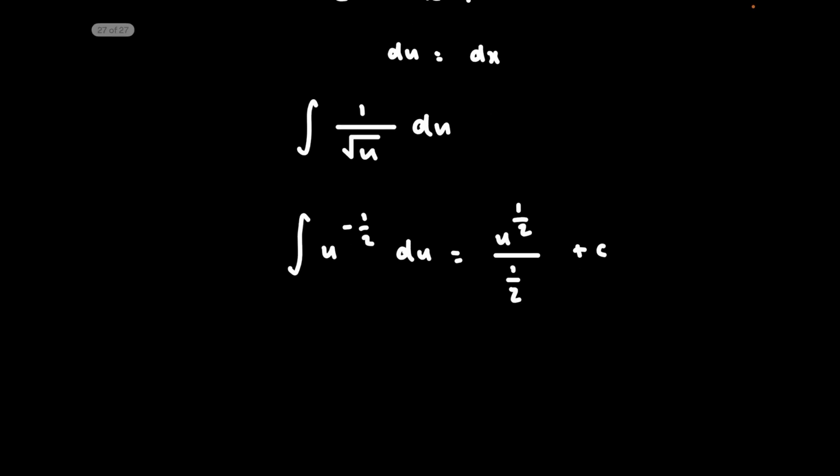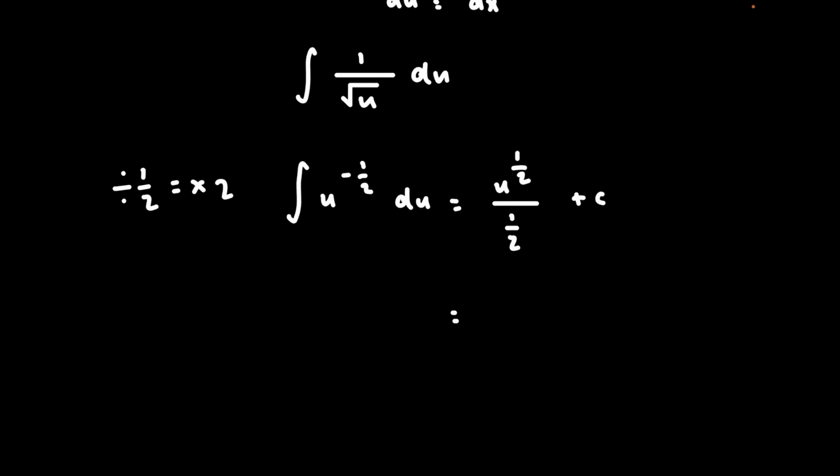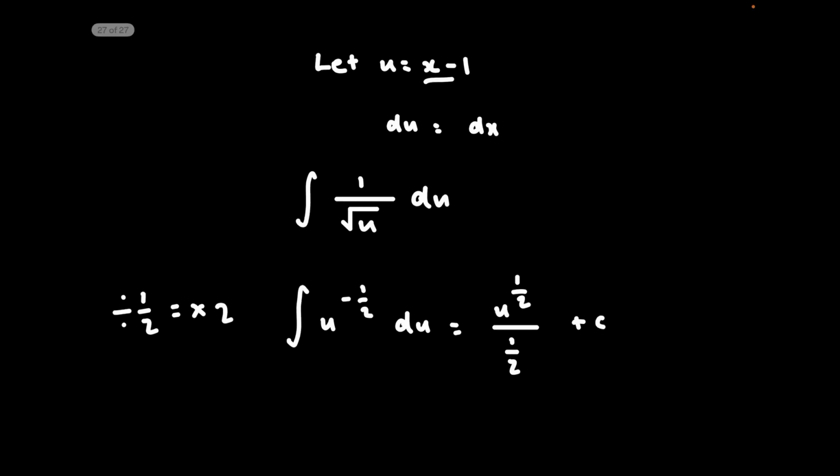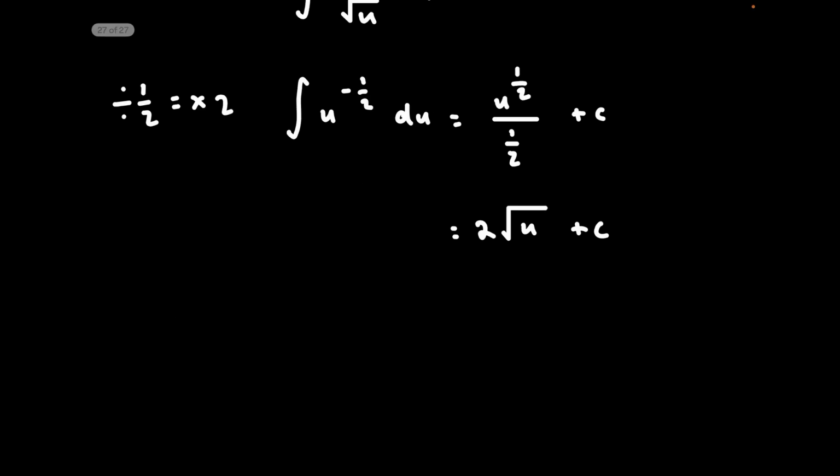And again, we can use the property that dividing by a half is the same as multiplying by 2 over 1, or simply multiplying by 2 in this case. So this integral simplifies to 2 times the square root of u plus c. Again, final answer, cannot have u, so replace the u with x minus 1. So 2 times the square root of x minus 1 plus c. That is the integral of this problem.